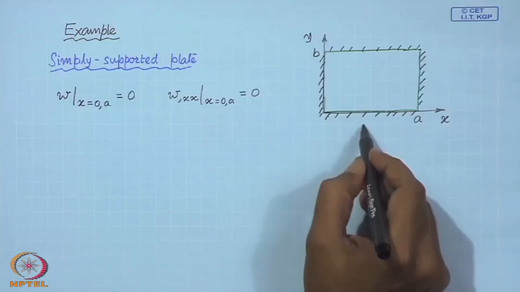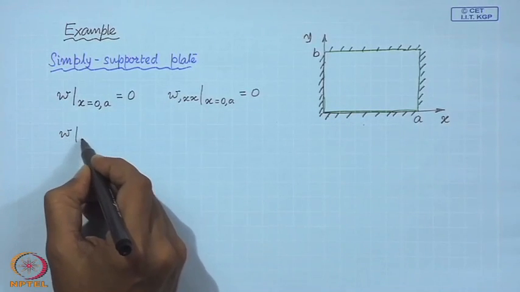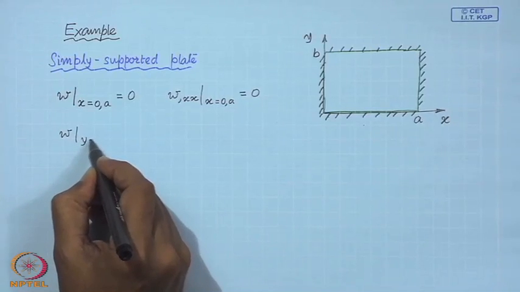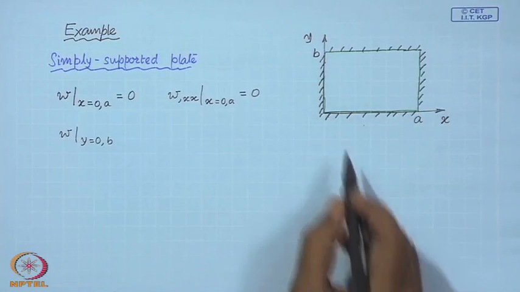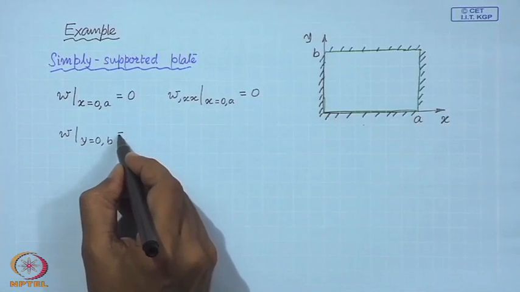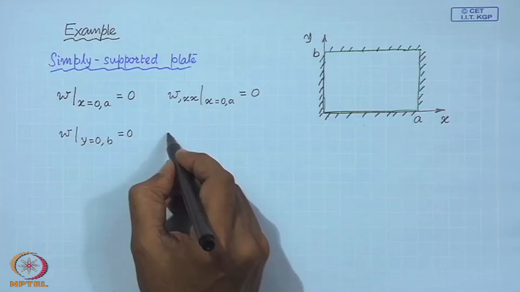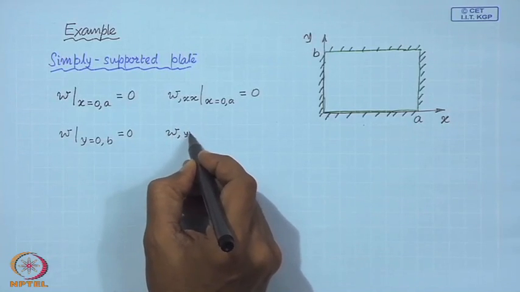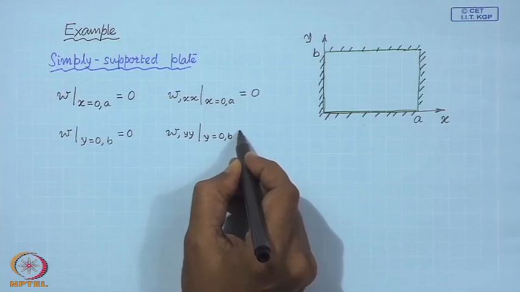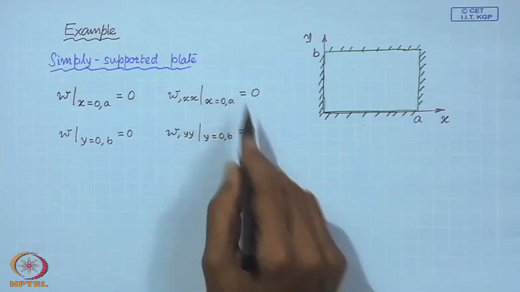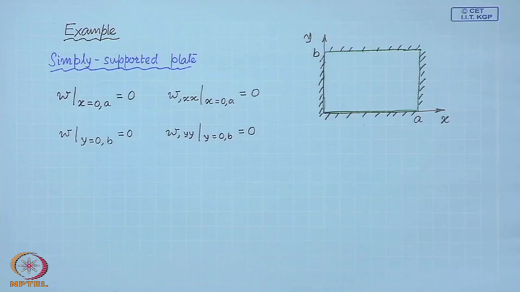Similarly, at these two edges, the displacement at y equal to 0 and y is equal to b, so these two edges, the displacement is again 0 and the bending moments are also 0. So, these are the boundary conditions for the simply supported plate.